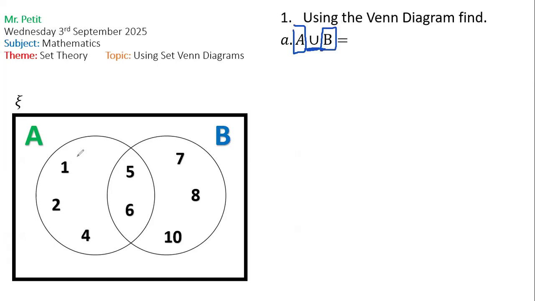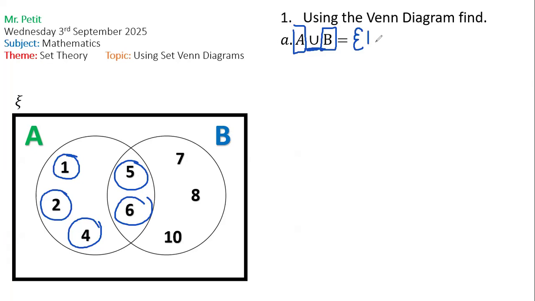So that means that 1, 2, 4, all of the elements in this part. We're also gonna write 5 and 6, all of the elements in A, all of them, 1, 2, 4, 5, and 6. So let's go ahead and write that down. So it's gonna be 1, 2, 4, 5, and 6.